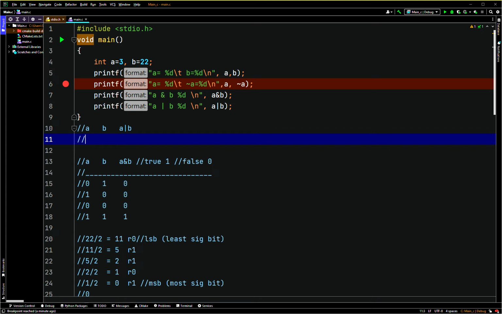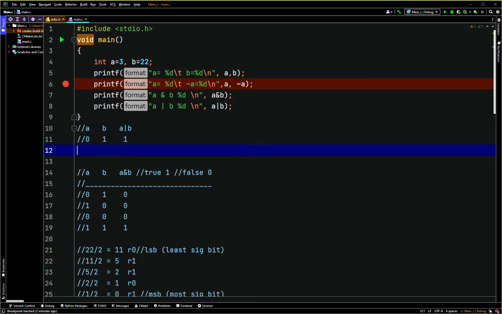So if we have A equals 0 or false, B is 1 or true, then A or B is going to be true in this case. If A is 1 or true, B is false or 0, then A or B is going to be true or 1.